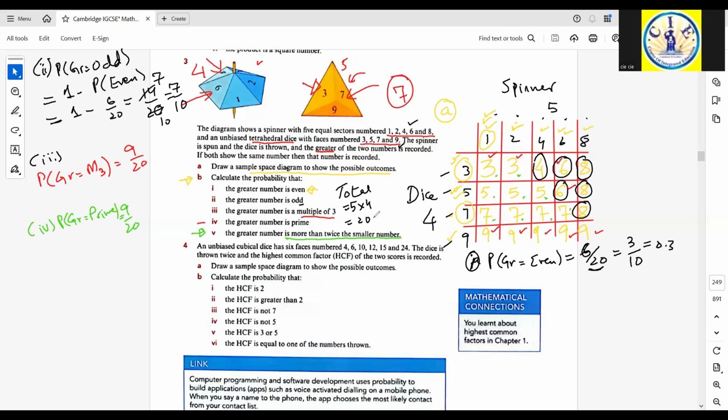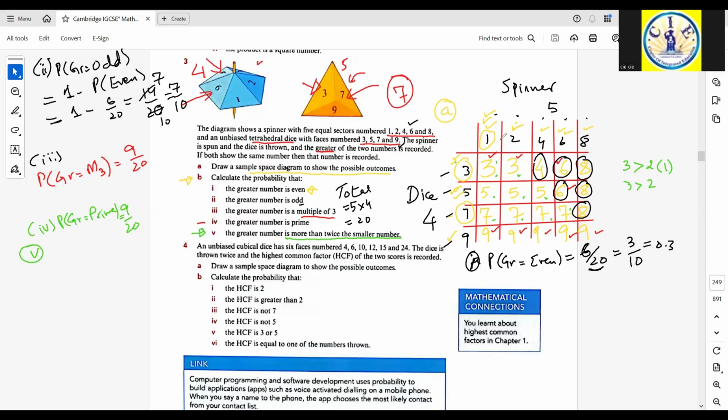Okay, now for part 5, the greater number is more than twice the smaller number. Let's see. When we were having 1 and 3, the greater number recorded was 3. So obviously 3 is greater than twice the smaller number, 3 is greater than even 2. So yes, we are going to record this once.